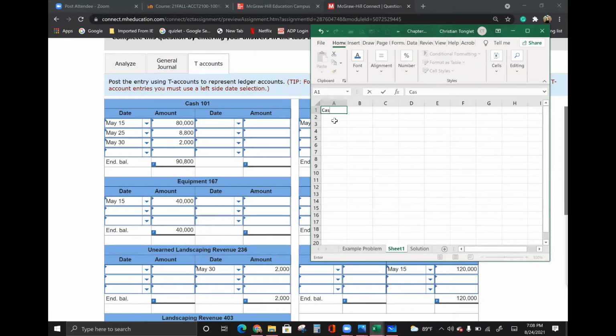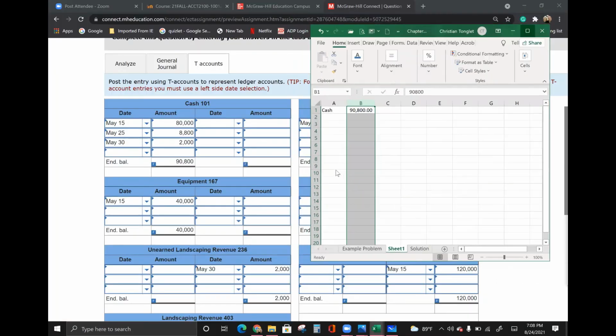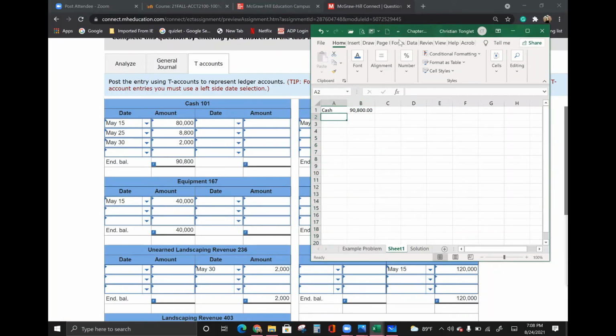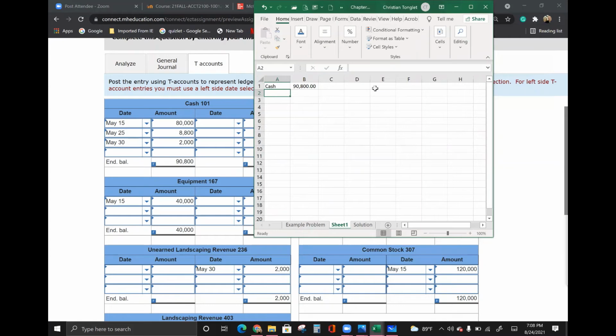So we have cash, 90,800. We have office supplies, ending balance $480.